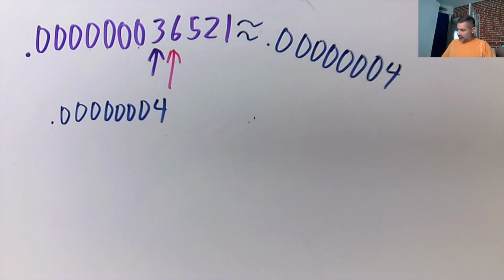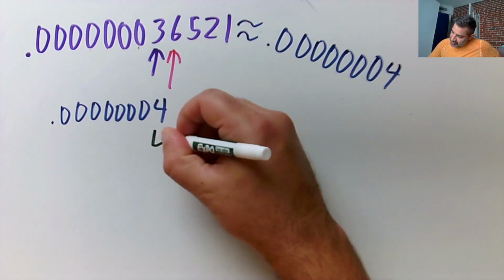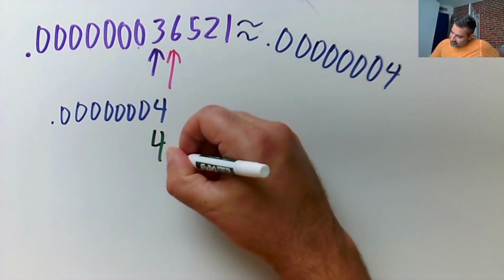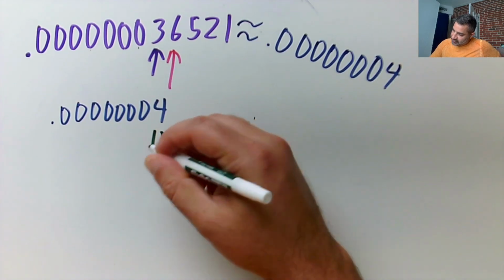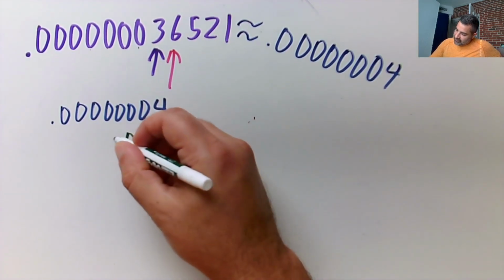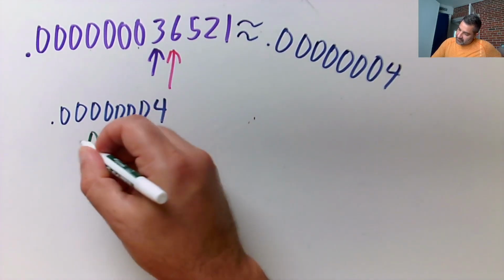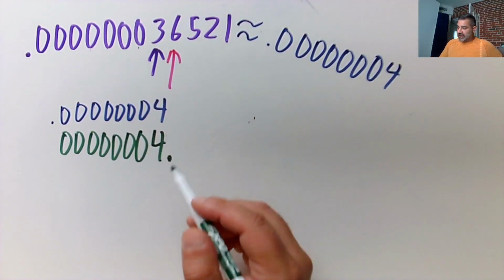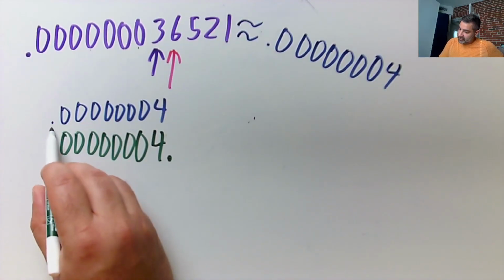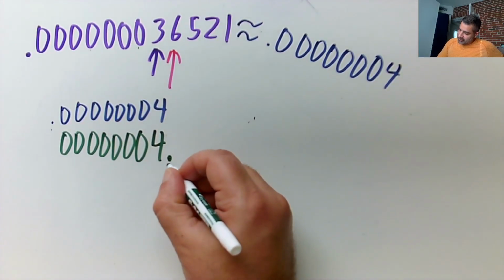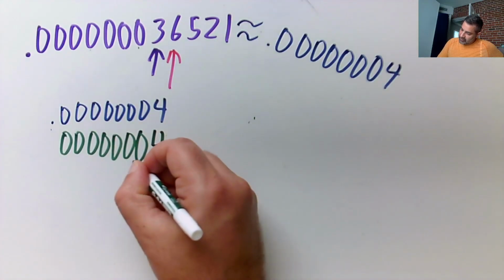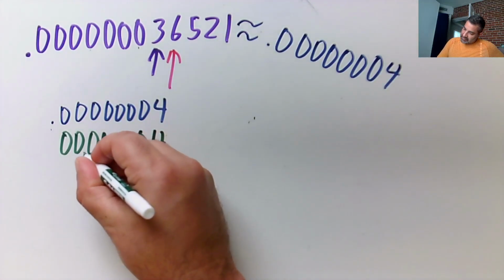Okay, so the way I like to do this is we need to see how many places we're going to move this decimal point over. So we're going to write 4, and then count how many spots we need to move it to get the decimal in the right spot. We move it 1, 2, 3, 4, 5, 6, 7, 8.